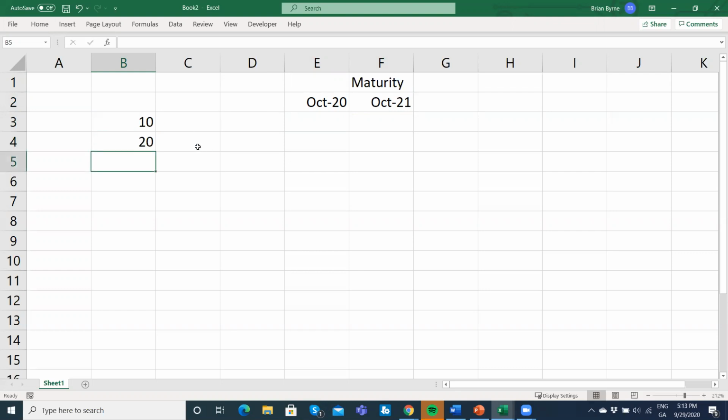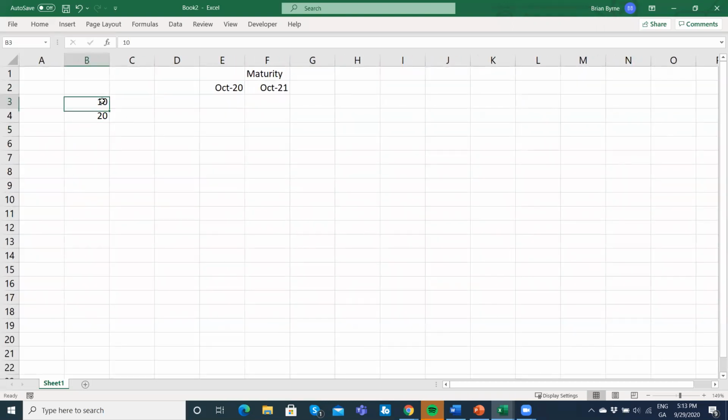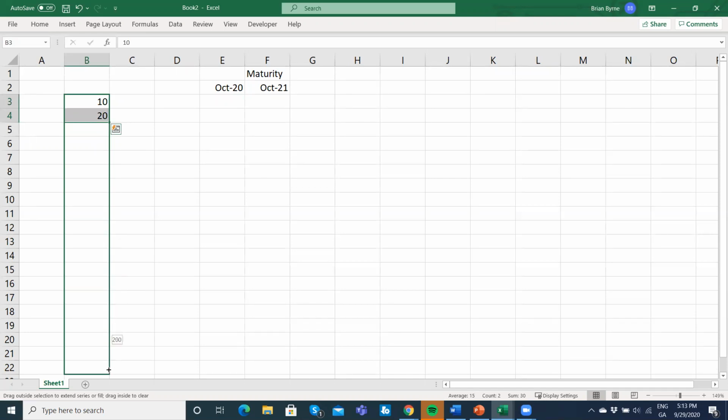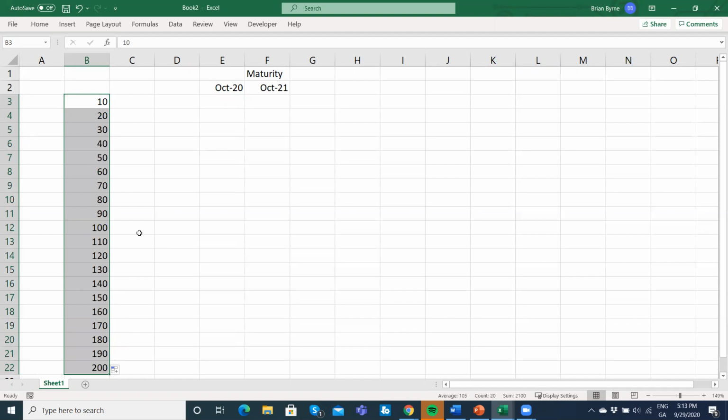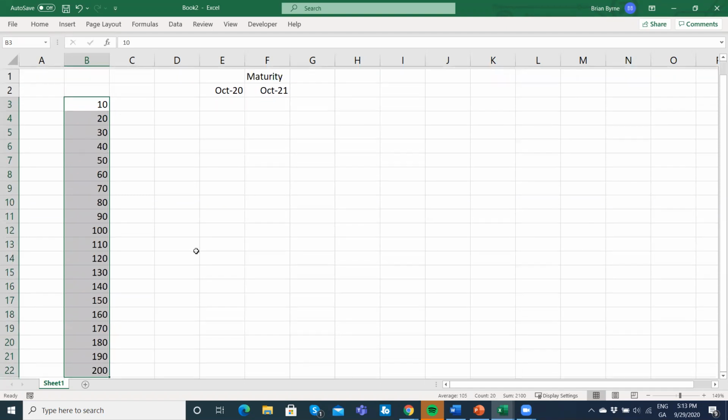For a given period, like 1 year, oil could drop to $10 or go up to $190 or $200. So it's a range of possible outcomes we're considering.